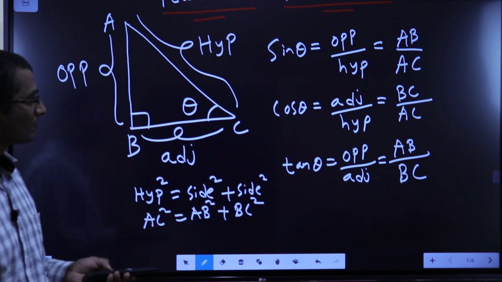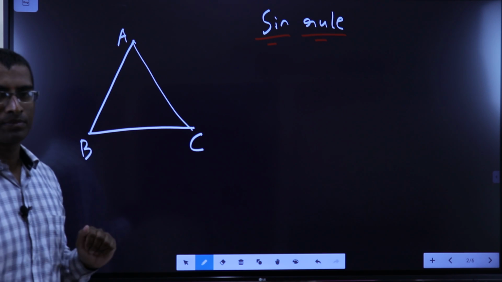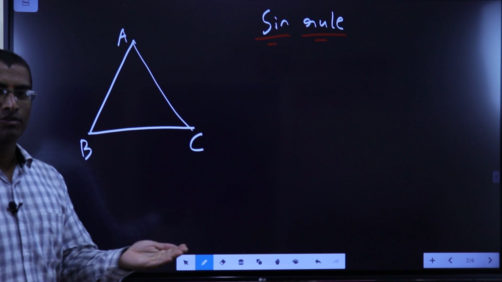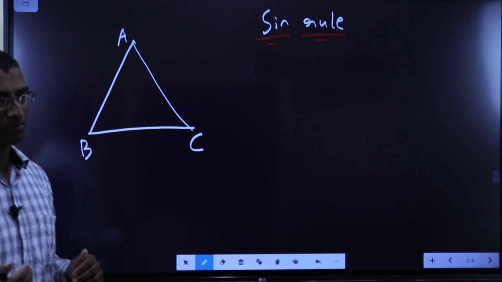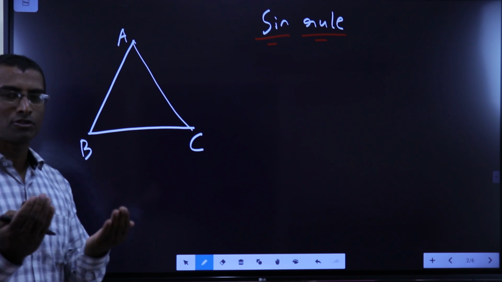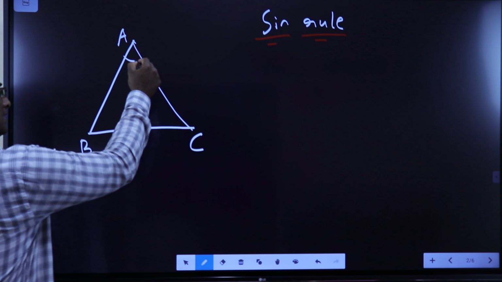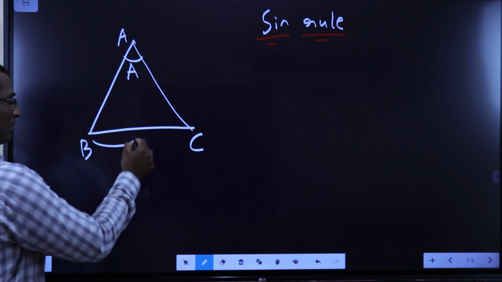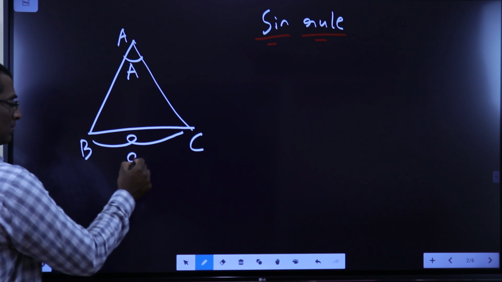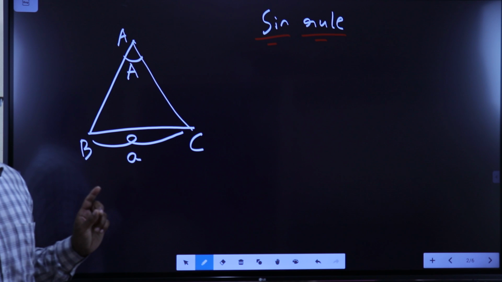Next one. Let us say if it is not a right angle triangle like this, then you need to go with either sine rule or cos rule depending on the sum. I am just revising those formulas one more time. If I take this angle to be capital A, its opposite side length has to be small a. While applying sine rule or cos rule, you should remember this.